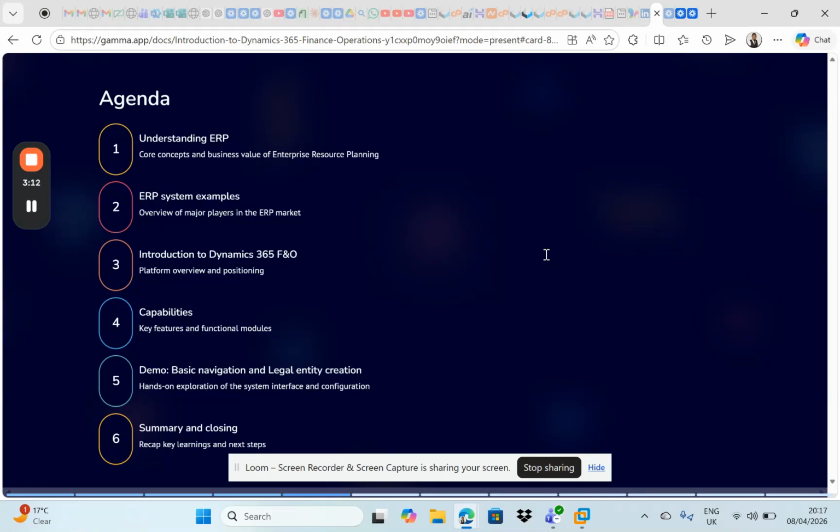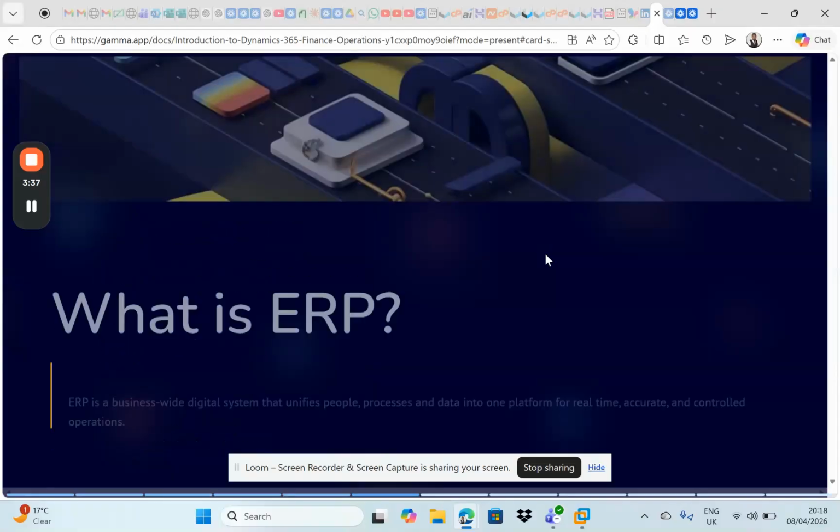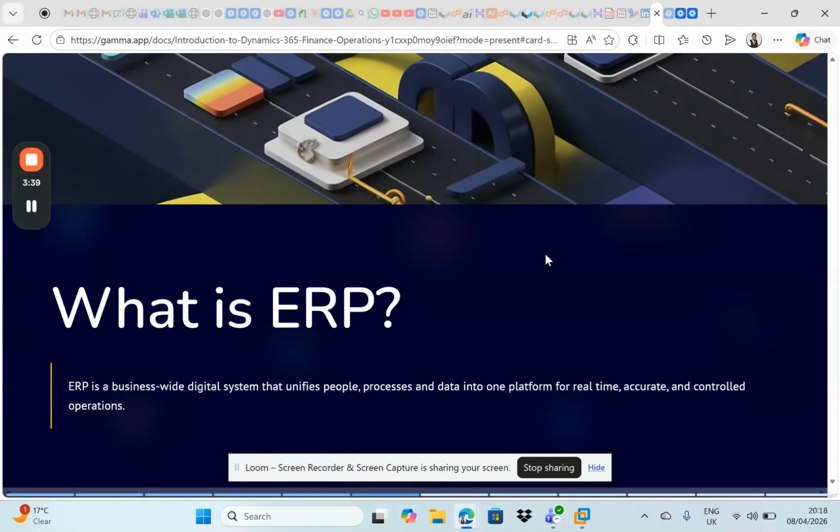And then, like I said, we'll look at the basic navigation and how to create a legal entity, and then we'll close up for today. I can't assure you that we'll get to the demo, but if we don't, from the next session, I promise it's going to be very practical. I myself don't like watching so much theory. I love practicals.